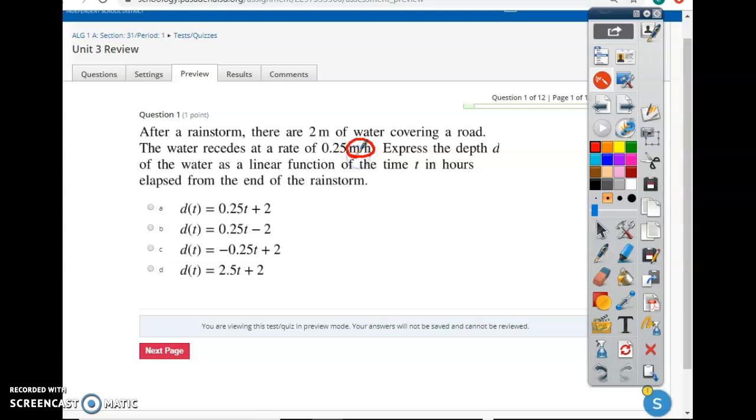That means that's the one that's going to have the X. Rate of, that means this is the slope, so it has the X. And then what you started with. Recedes means it's going down. Keywords like that. So just match which one of these equations goes with what I just told you right there. Okay? Problem number 2.